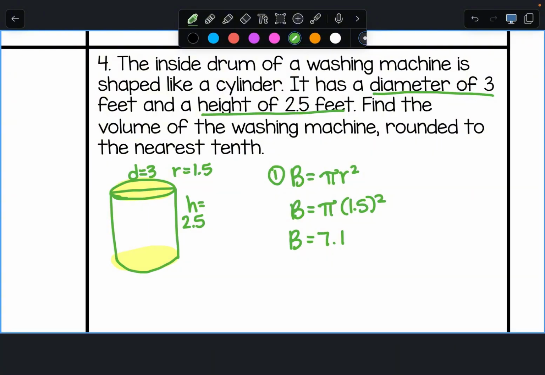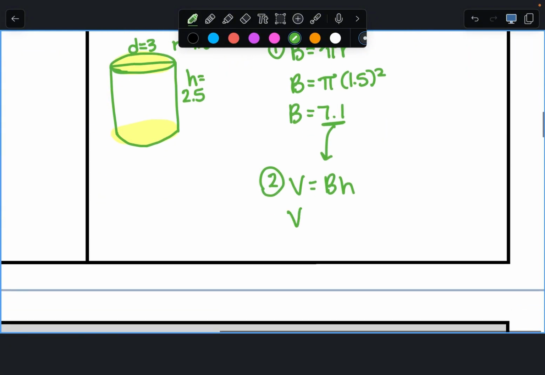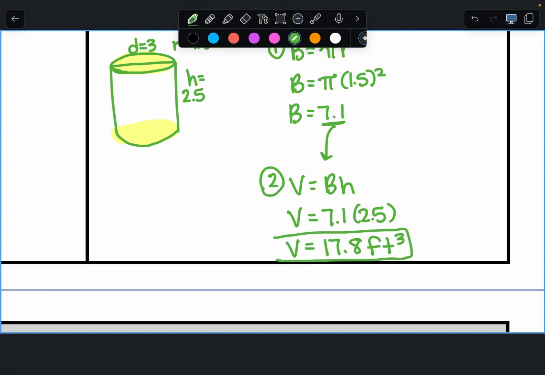Okay, we take that number and we put it into our volume. So you get 7.1 times 2.5. Eight feet what? Cubed. Volume is cubed.